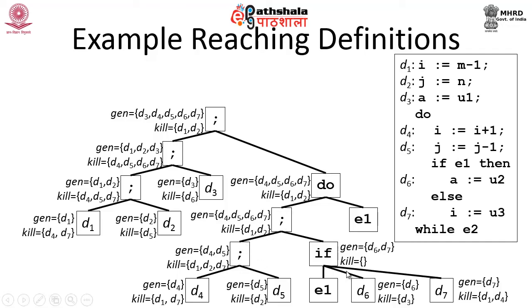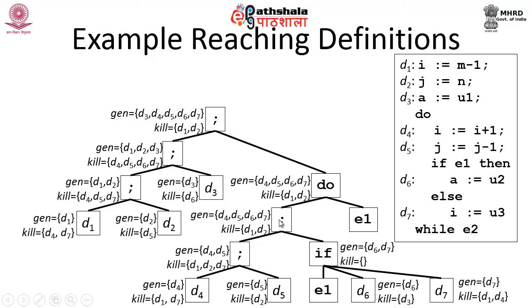S1 semicolon S2 will be gen of S2 union gen of S1 minus kill of S2. So, therefore, D4, D5, D6, D7 is fine, but for computing this kill, it is kill of S2 union kill of S1 minus gen of S2.